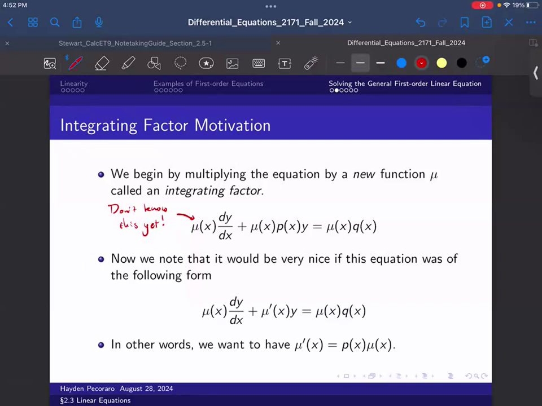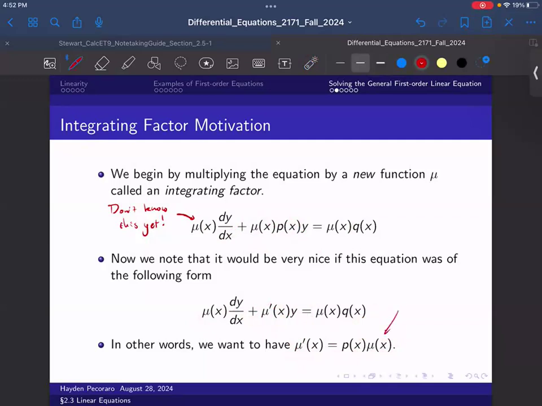Now I just have a slightly more complicated looking equation. I make this note: it would be really nice if I had an equation that looked like this. That was what we just did with our observation. We said this thing should look like the product rule. Well, what would be required for this to happen? I would require these coefficients to be equal, and that's how I get this.